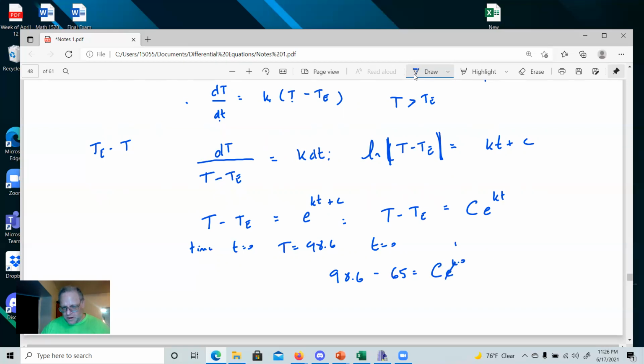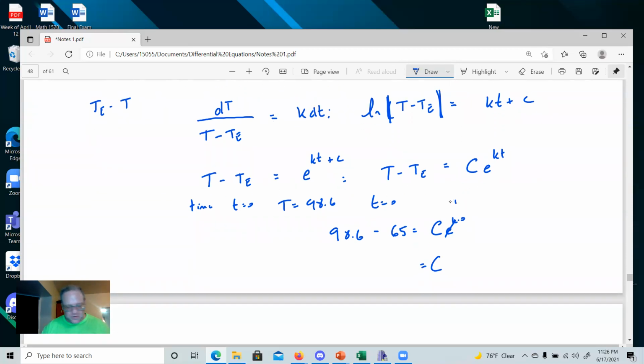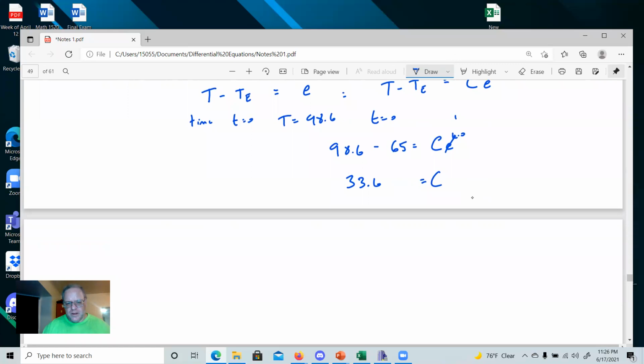That's 1. So C is equal to the difference between these two, which is going to give us 32 or 33, 33.6. Yeah, I think we're okay there. So C is equal to 33.6, the difference between the initial temperature and the environmental temperature.